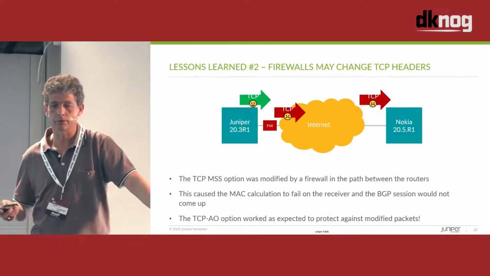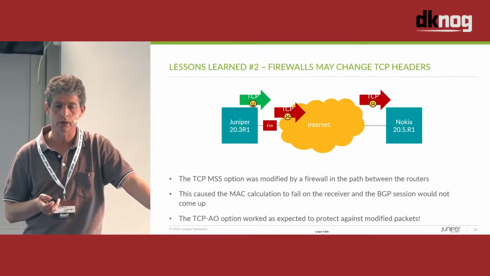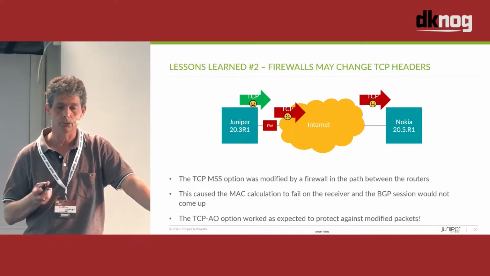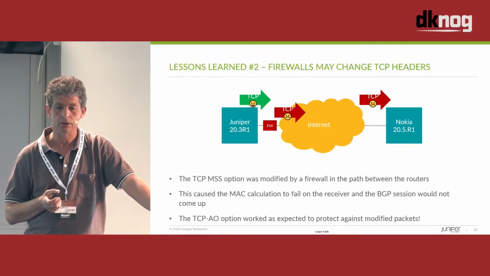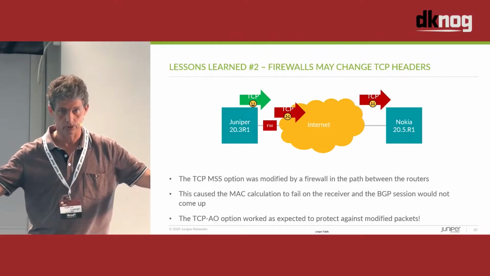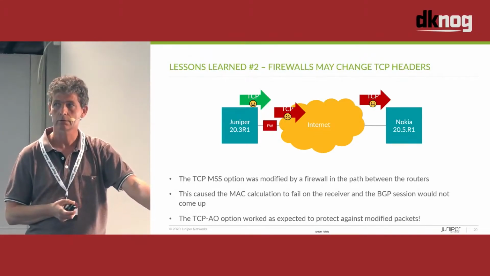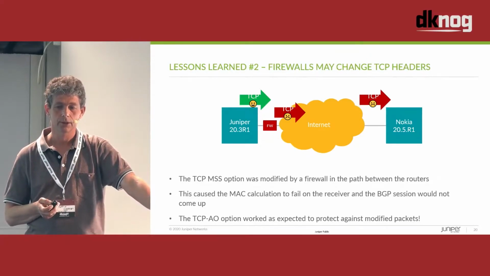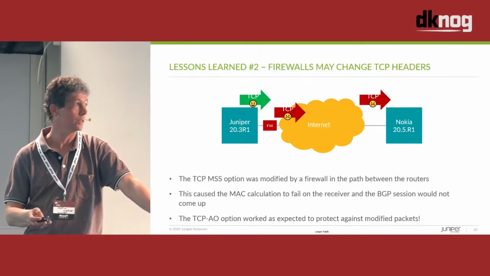The configurations you can find online as well in the repository. I do want to mention there were firewalls. We found that there are firewalls that actually modify the MSS in the TCP, and of course TCP AO found this, saw it to be invalid and dropped the sessions. It took a little bit of debugging to realize. So keep in mind that can be.